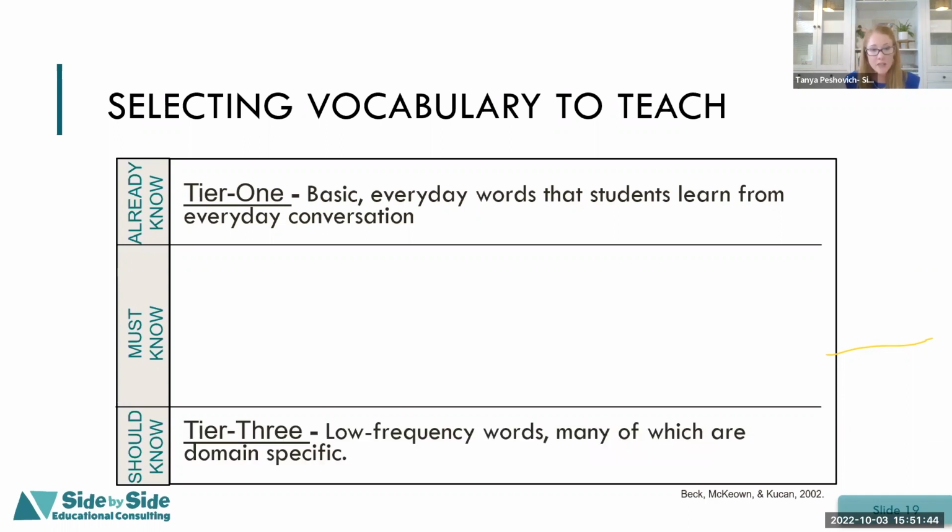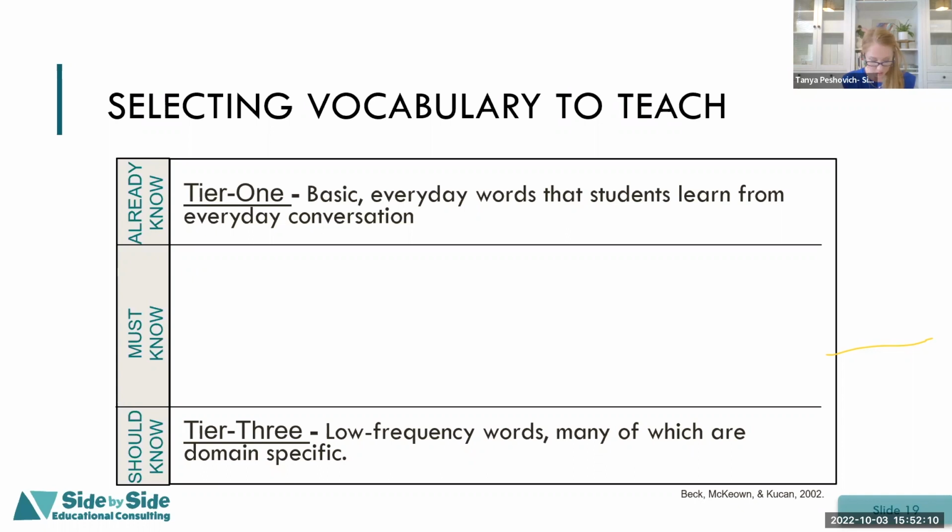Tier 3, these are words that are considered low frequency. Words that don't occur very much in our speech. They don't occur very frequently in text, except in domain-specific text. So these are your words in specific content areas, words that have to do with history or geography or science.